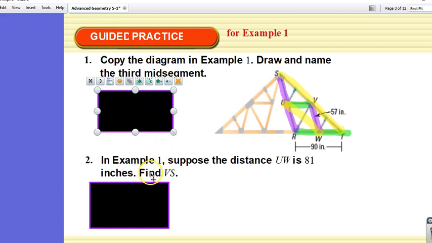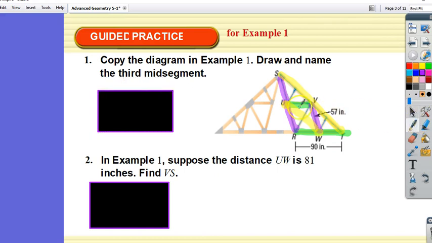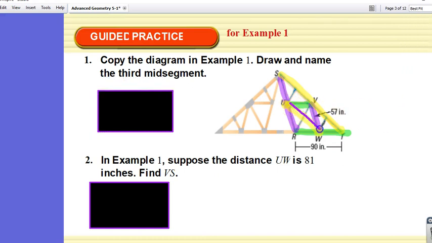And then here, in example 1, suppose the distance UW is 81 inches. Find VS. So if UW is 81, what is VS?